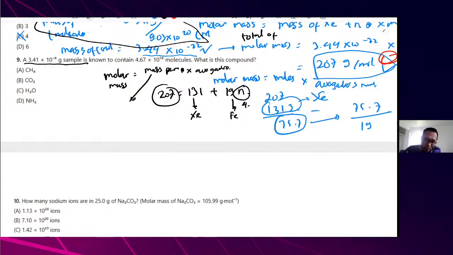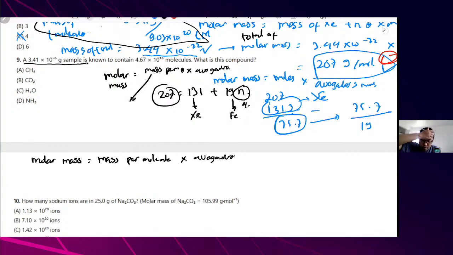What is the compound? Let me think first. So using the molar mass, molar mass is mass per molecule times Avogadro's number.